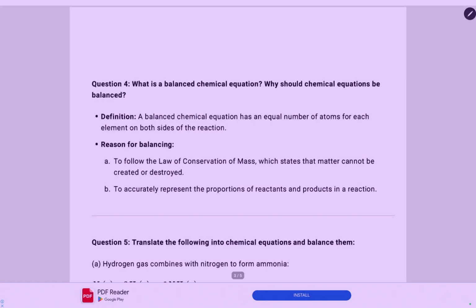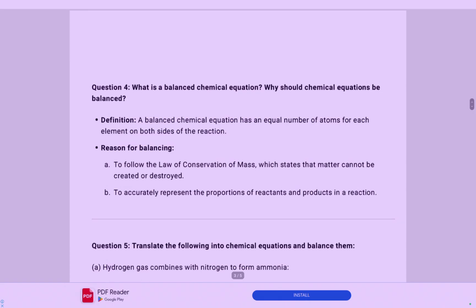Here the question is, what is a balanced chemical equation? Why should a chemical equation be balanced? You already know the answer. A balanced chemical equation has an equal number of atoms of each element on both sides of the reaction.